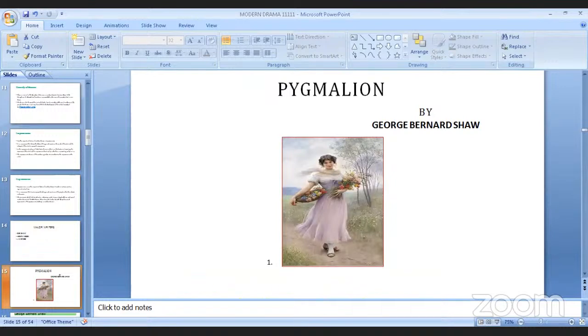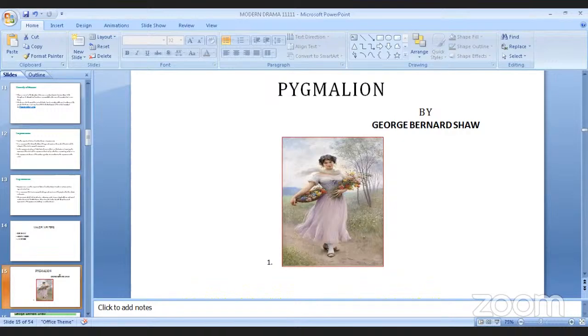Now, another important aspect of modern drama I want to mention here is absurdism. Along with naturalism and realism, absurdism is another aspect, which was brought in by one of the prominent modern playwrights, J.M. Synge.